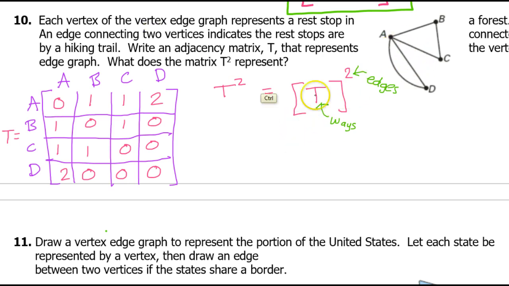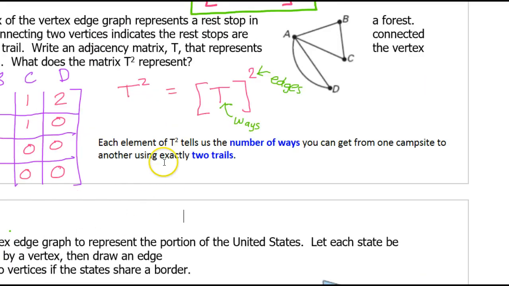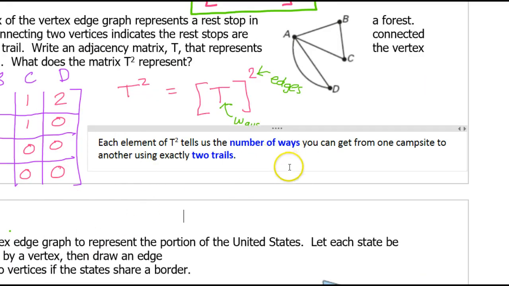So each element of matrix T squared would tell you the number of ways you can get from campsite to campsite using exactly 2 trails. I'm just going to pause and write that down. So again, as you look over my explanation, look for these two key concepts.